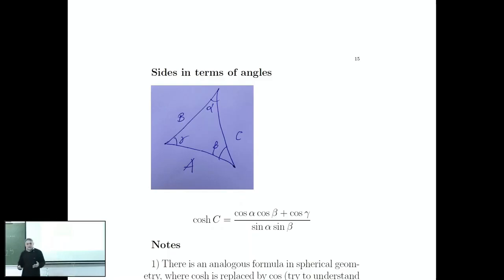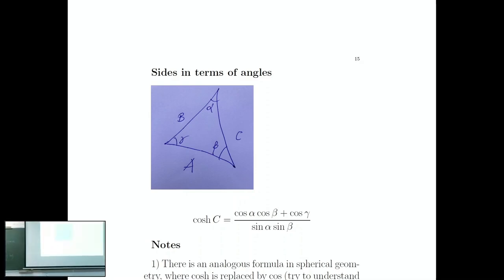In Euclidean geometry, you don't have this: the 3 angles do not determine the sides. But in hyperbolic geometry, we have this formula here. It gives you this length here, or the cosh of this length, in terms of the 3 angles.